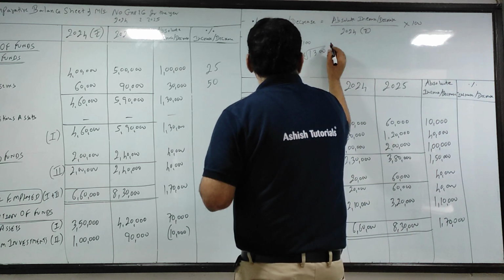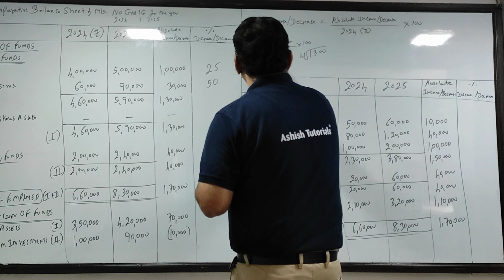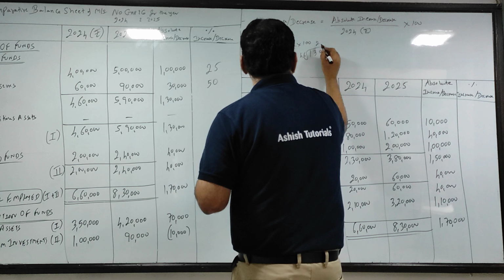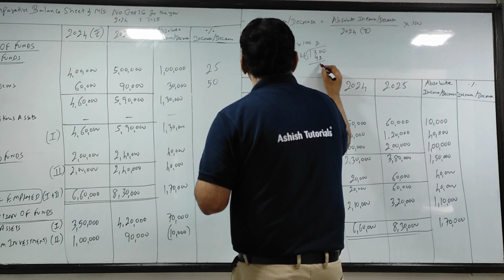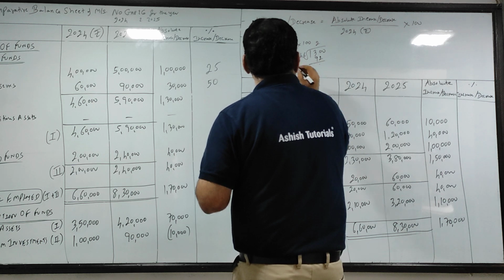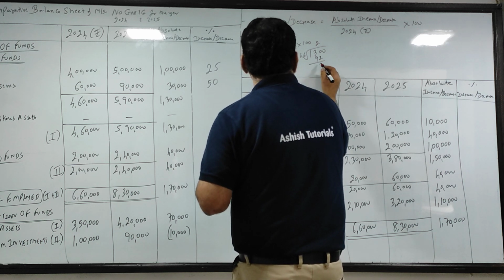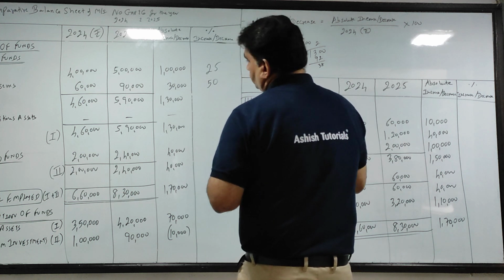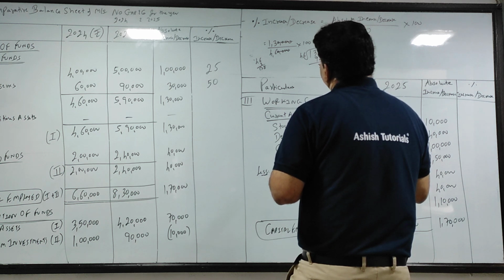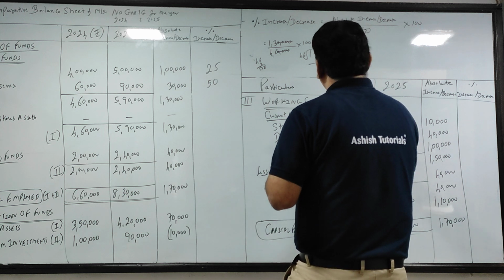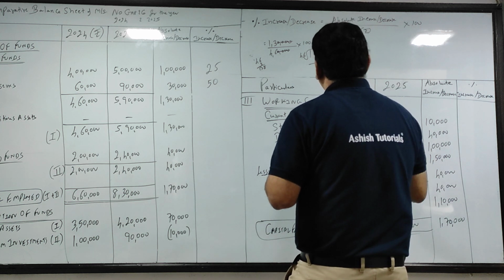Now 46 into 2 is 92. So you get 38. 4 zeros gone, 1300 divided by 46. Yeah, 38. Now bring this 0. 380.